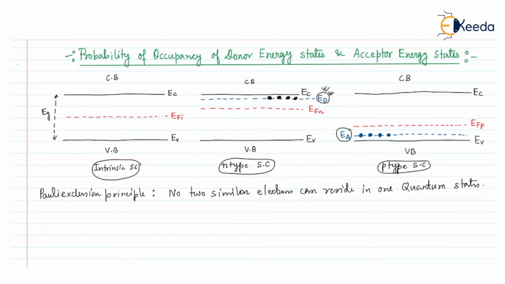This was Pauli's exclusion principle that we have already known in the previous lectures. Now this principle is also applicable to the donor and acceptor energy states.